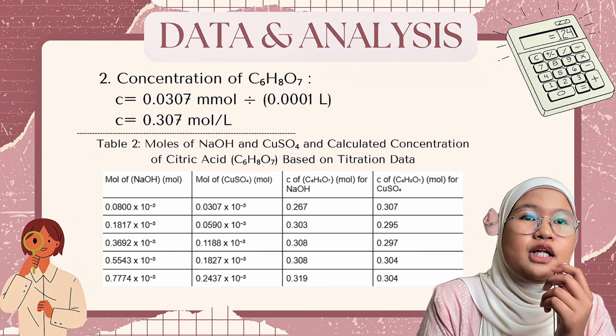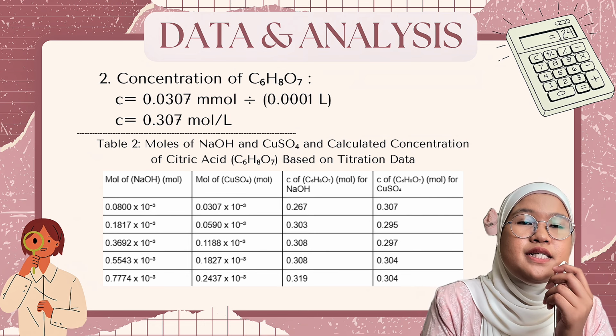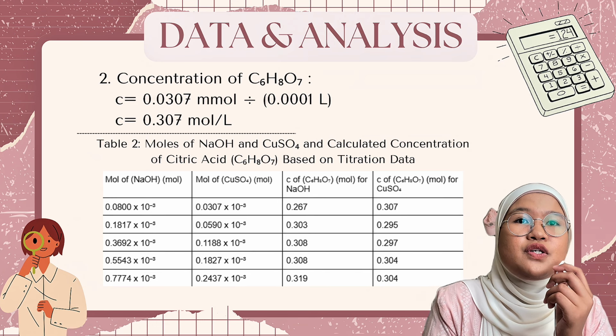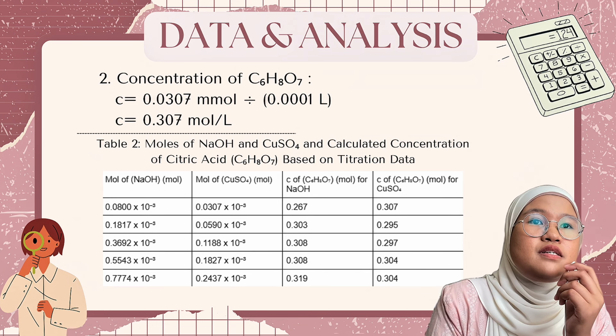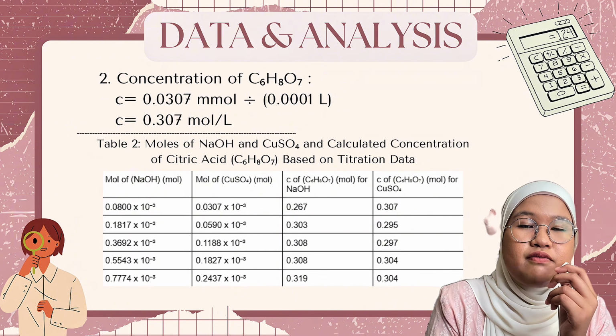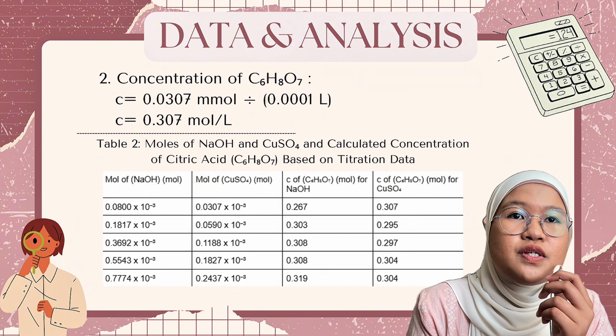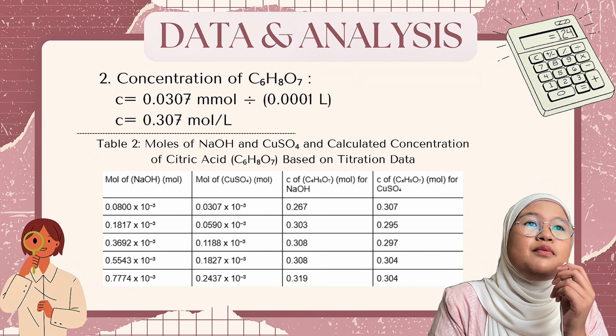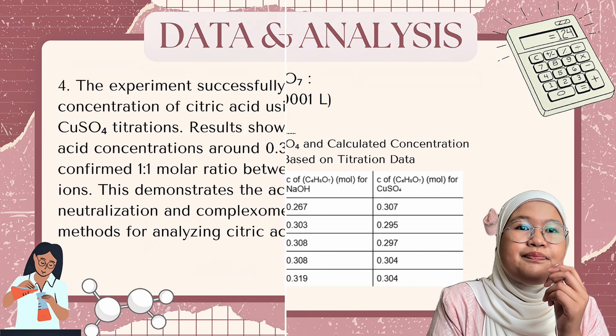The third column and the fourth column are the concentration values of citric acid for sodium hydroxide and also for the copper sulfate. For the concentration, we also get it from the calculation that we did before with the same steps.